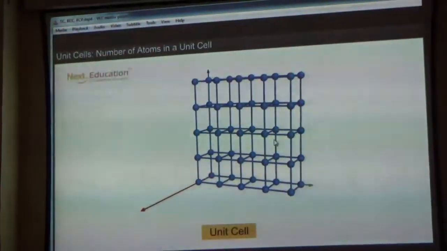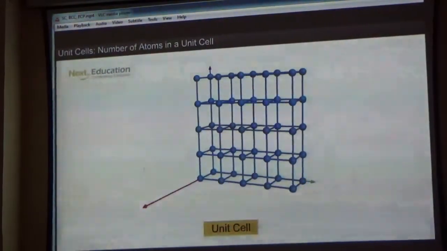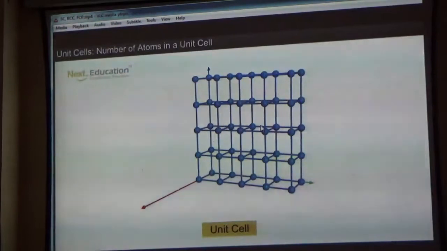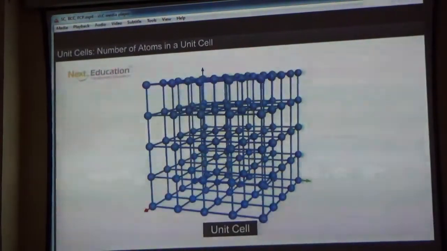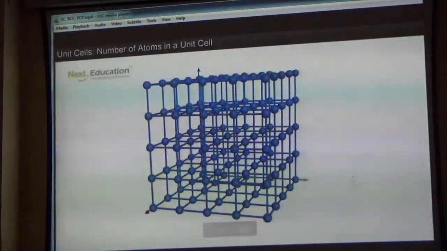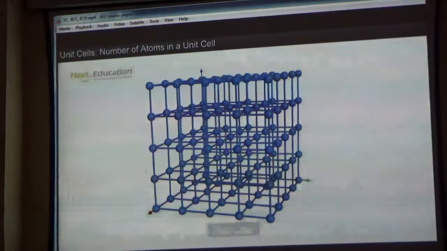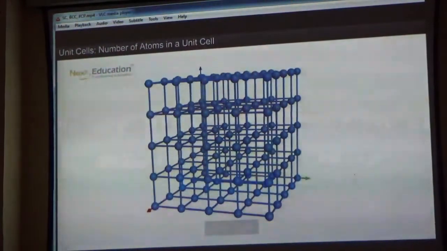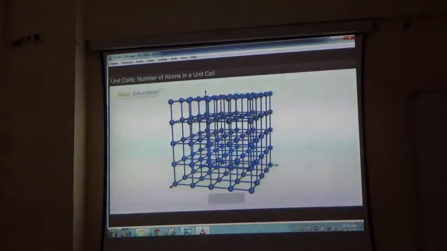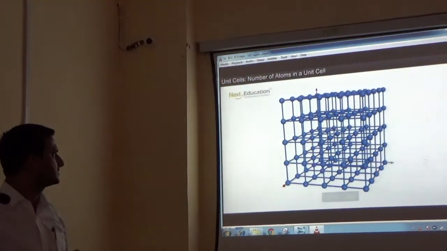These are the crystalline structure of a metal or a solid. As you can see, they are in a regular pattern in all directions, X, Y, and Z. From this we can say this kind of solid is a crystalline solid, and not an amorphous solid. The amorphous solid has a cross-networking structure, not regular in the X, Y, and Z directions.